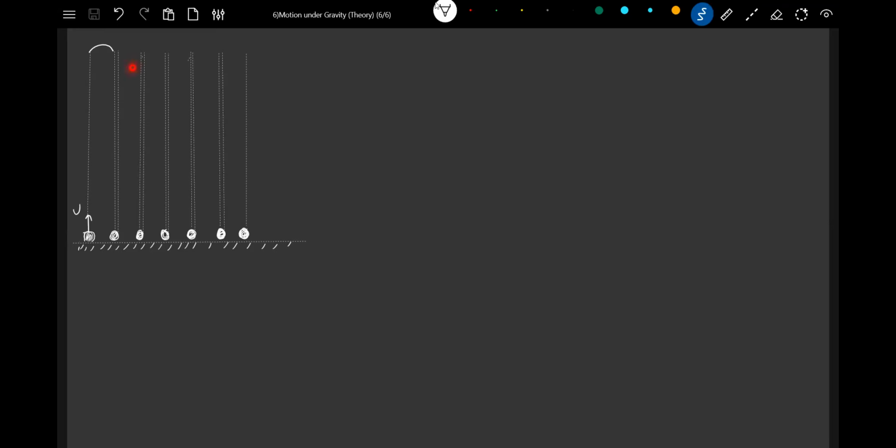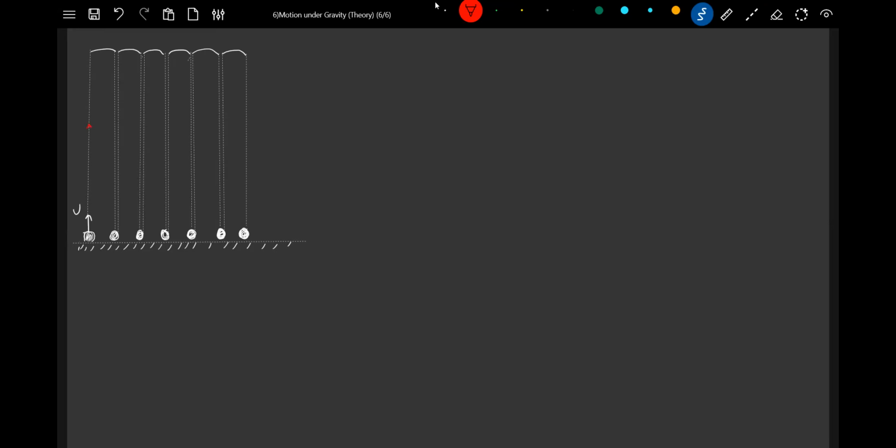Now after this, again the path will be like this. This is for our convenience. Actually, it has to retrace the path, but it will be very difficult to show. That's why we are bringing the situation like this. I'll keep these arrows so at least you're able to understand.